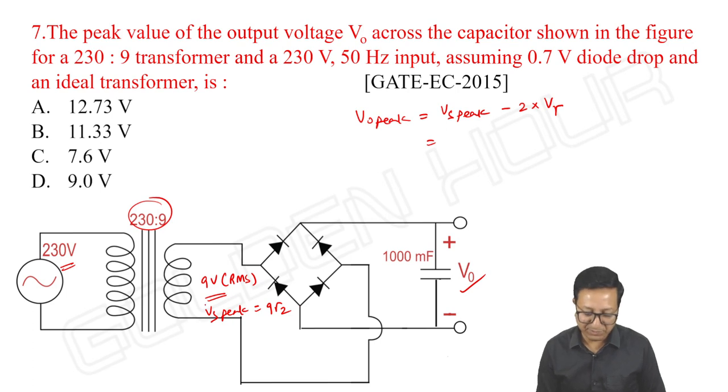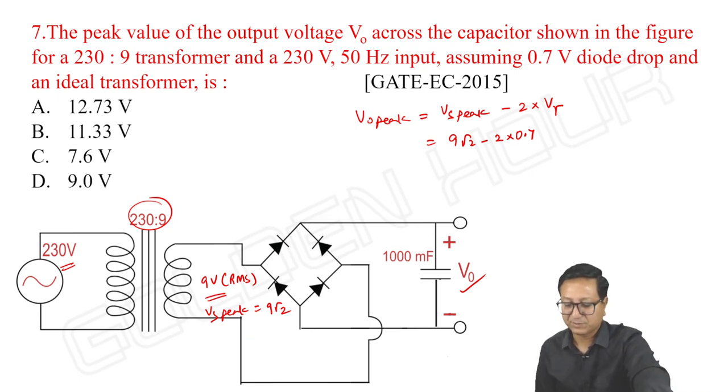V secondary RMS is 9 volts and peak value is 9√2. 9√2 minus 2 into V gamma, which is 0.7. So how much do we get? 11.33.